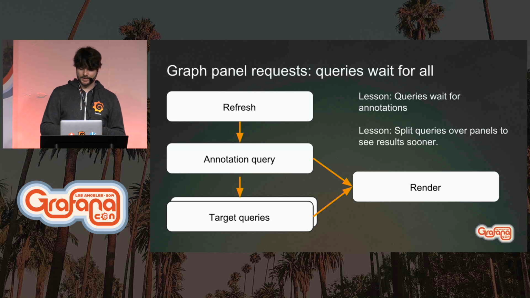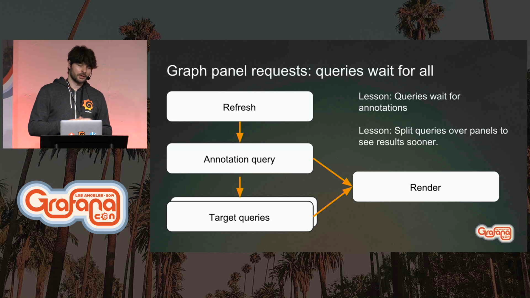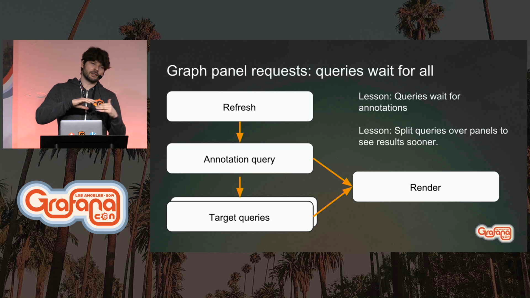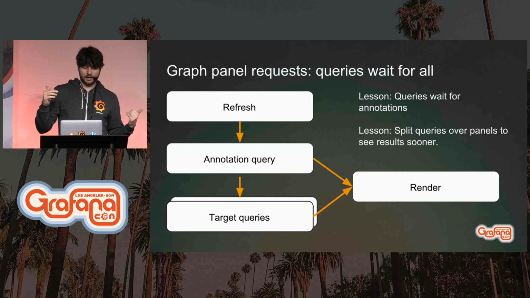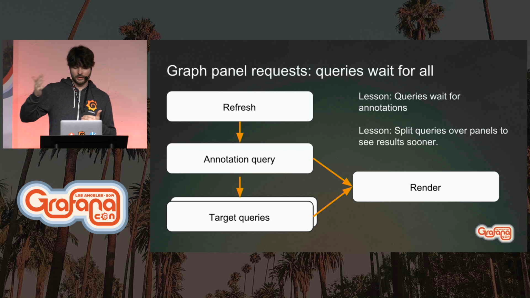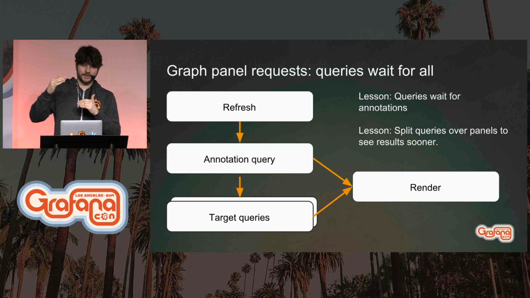And the second lesson is, if you want to disentangle queries and get faster results on some over others, then it makes sense to split queries over separate panels, because then they don't wait for each other.